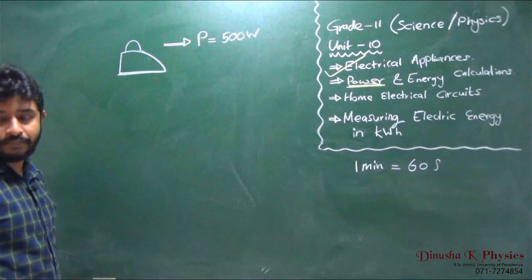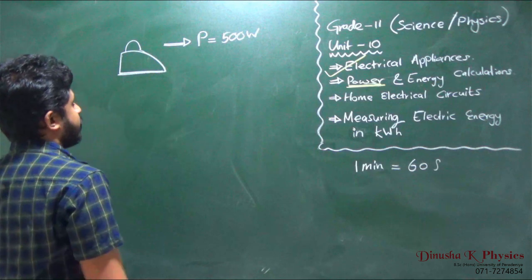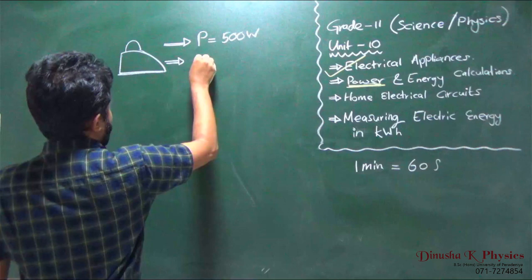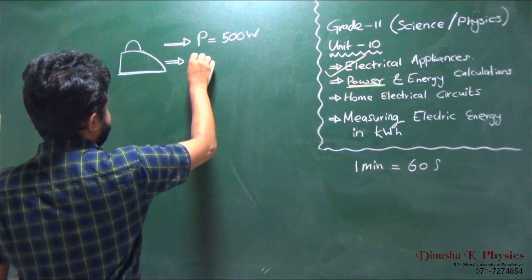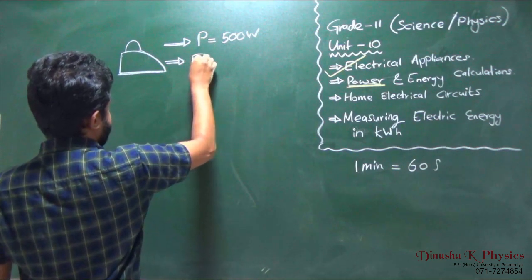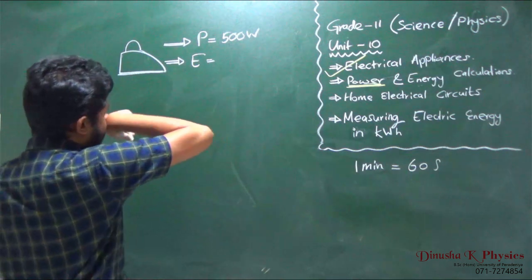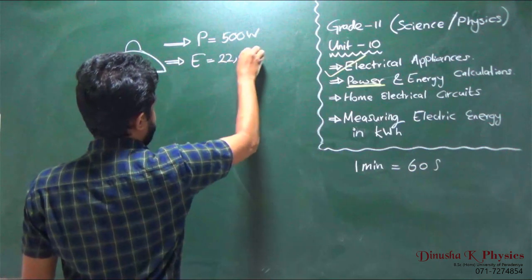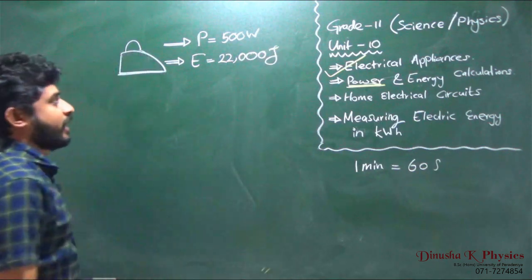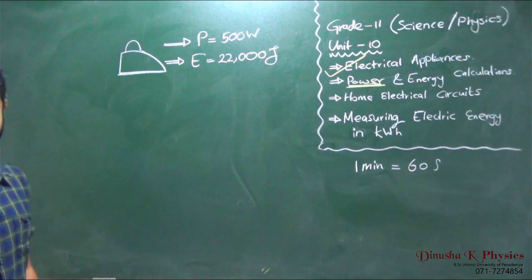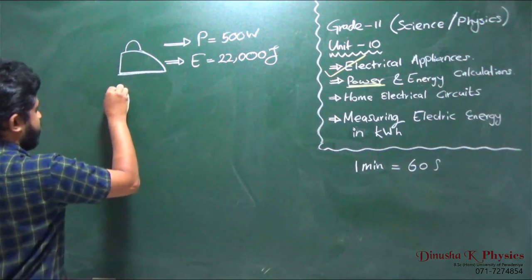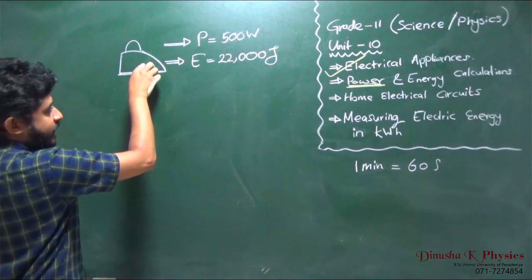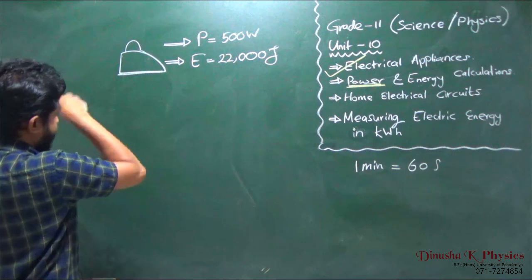Power of this iron is 500 watts. So let's say it is producing an energy of 22,000 joules, right? It's producing an energy of 22,000 joules. So I am asking to find how much time the iron is being used, right?